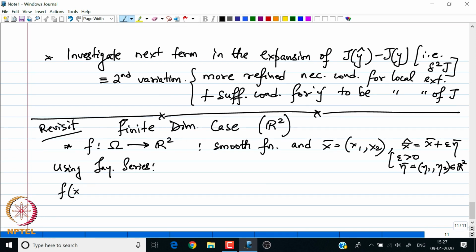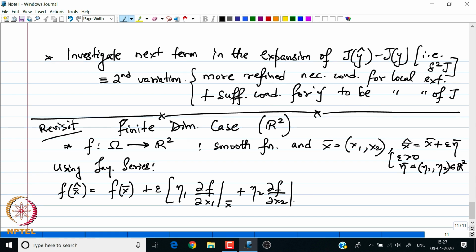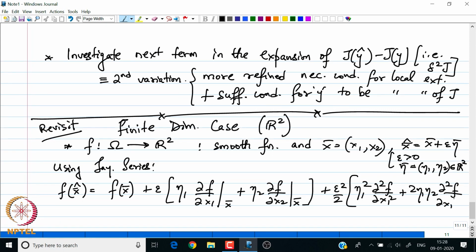So, using Taylor series, I see that f of x hat is equal to f of x bar plus epsilon times eta 1 partial f partial x1, evaluated at x bar, plus eta 2 partial f partial x2 evaluated at x bar, plus epsilon square by 2 times the second order terms, which involve the following derivatives: eta 1 square del 2 f del x1 square plus 2 eta 1 eta 2 del 2 f del x1 del x2 plus eta 2 square del 2 f del x2 square.